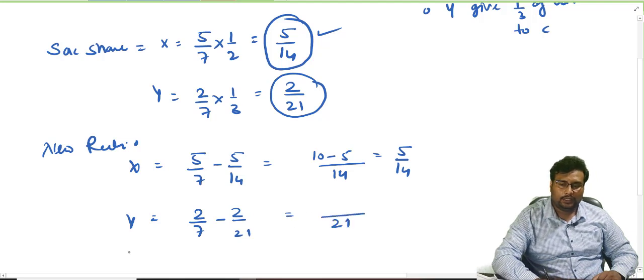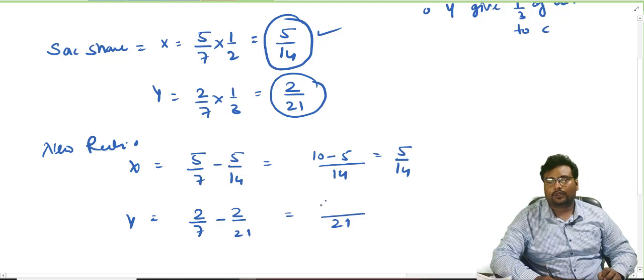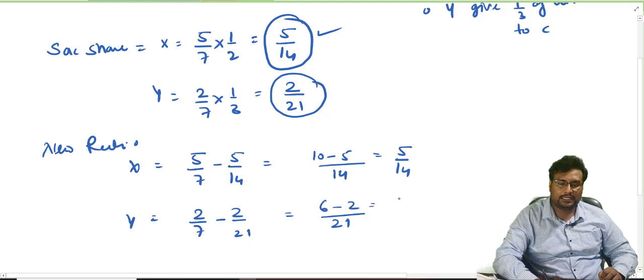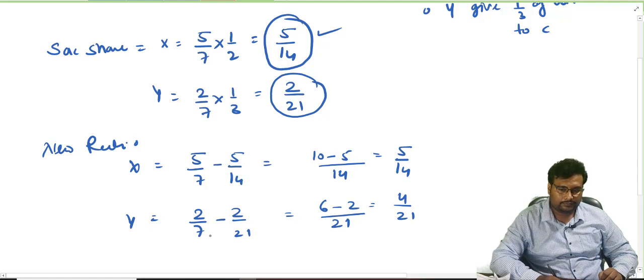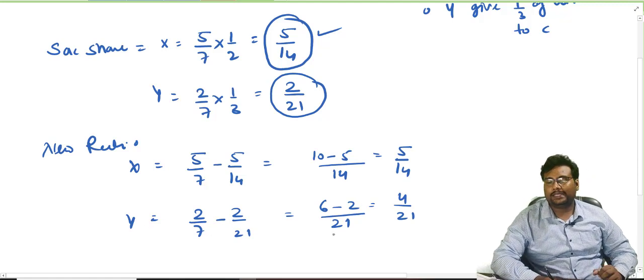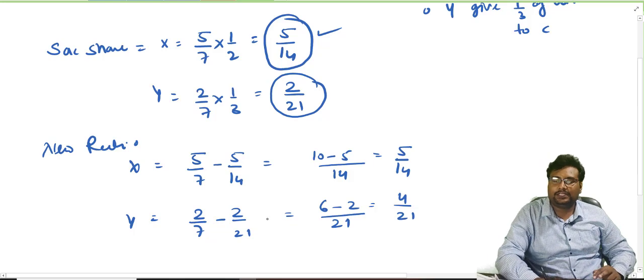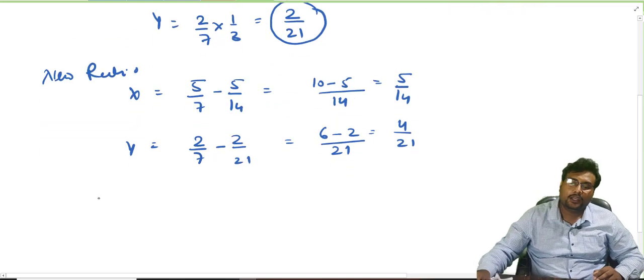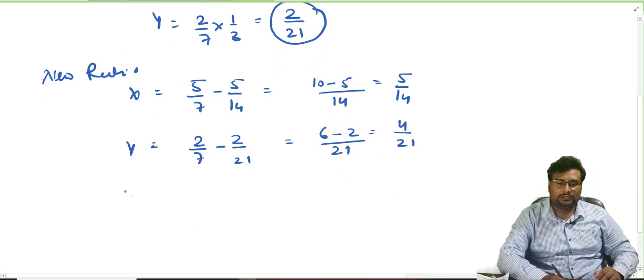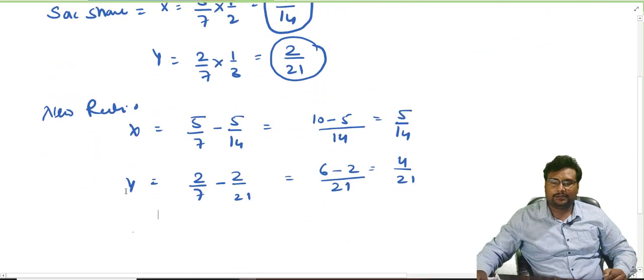Now LCM is 21. 7 threes are 21, 6 minus 2 is equal to 4/21. So 2/7 minus 2/21, 21 is LCM. Okay, great.